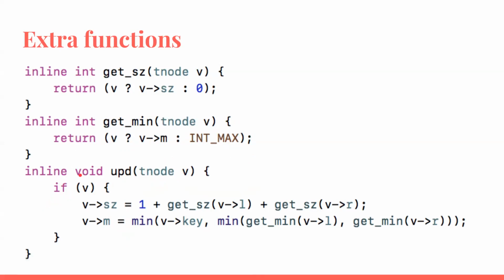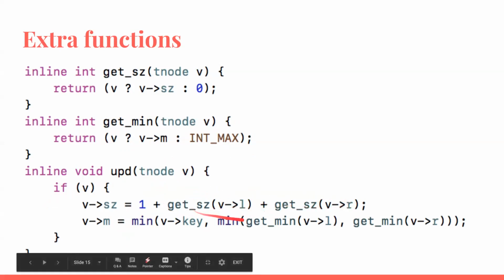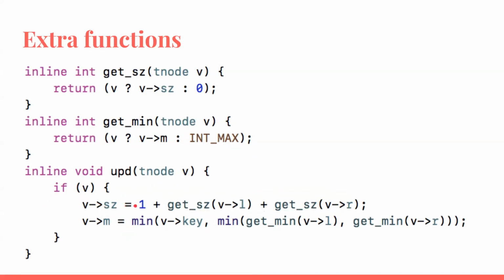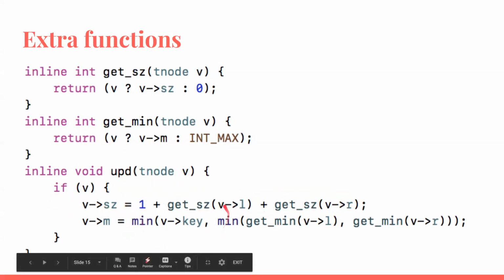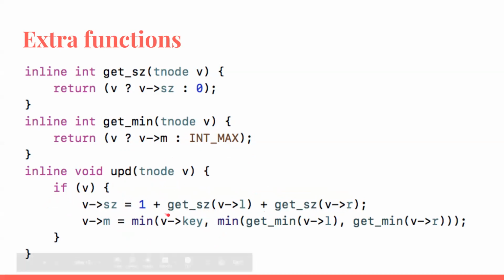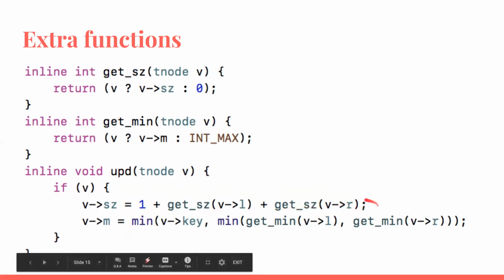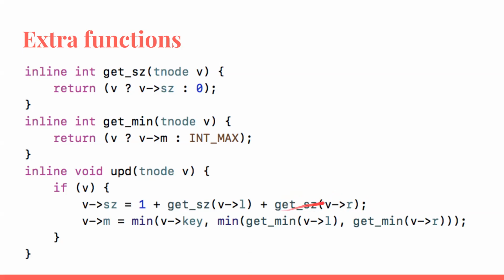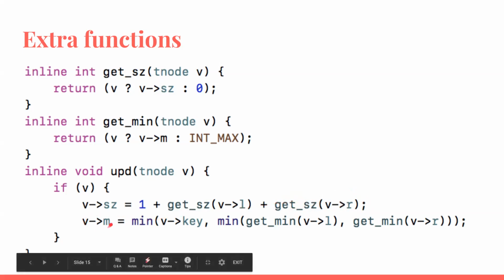If it does exist, we are getting the sizes of the children and updating the size of this vertex. So this is 1 for this vertex plus all the nodes in the left child and all the nodes in the right child. And exactly the same logic is behind the minimum. We are finding the minimum among this key and the minimum among the left and right children.